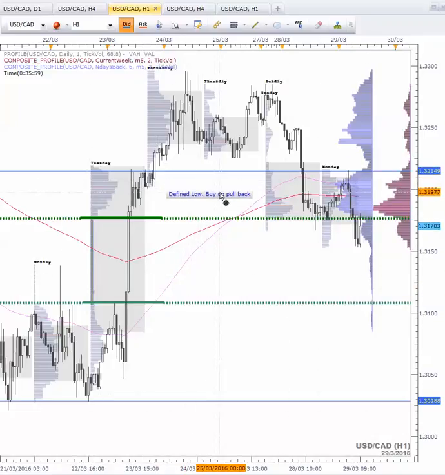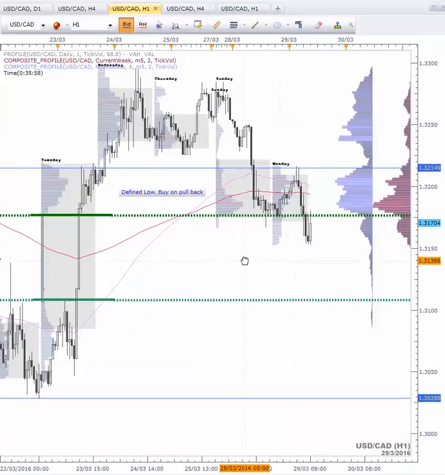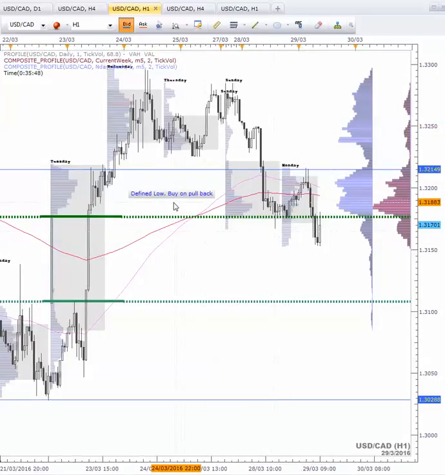Alright, so this is a defined low buy on pullback. And that was yesterday. And then there were 35 pips to be gained off of that.